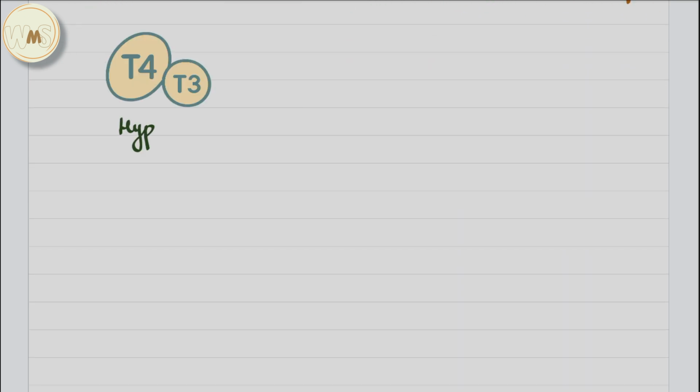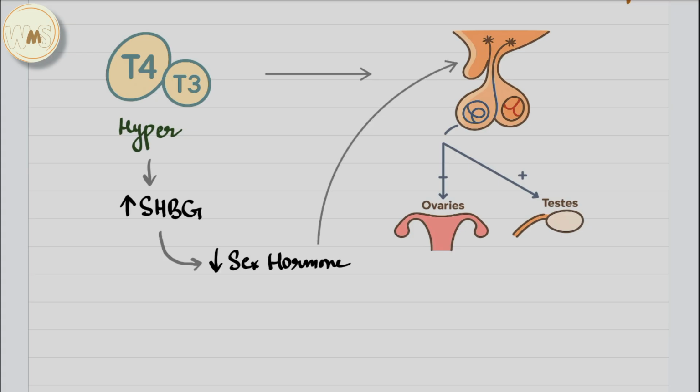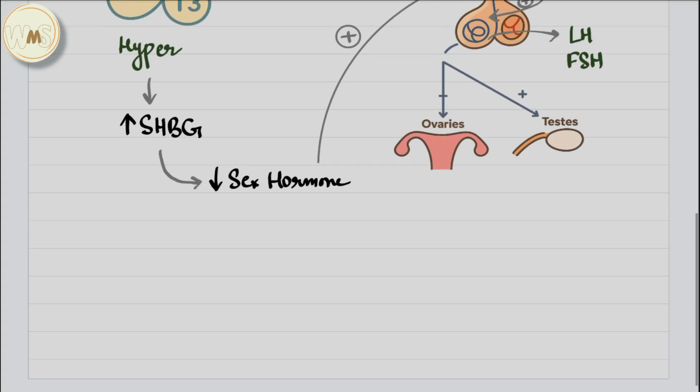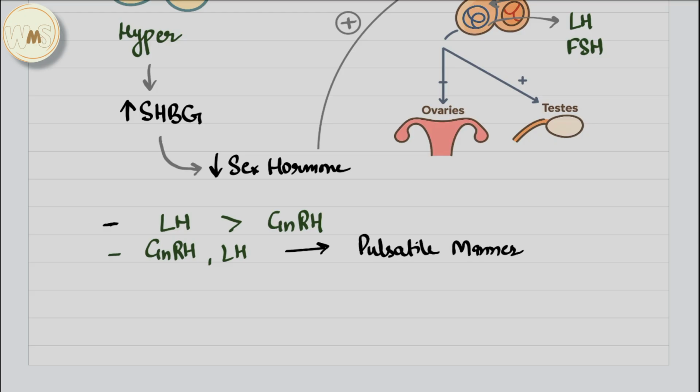In hyperthyroidism, because of the increase of sex hormone binding globulins, there are low free sex hormone levels in the blood, which stimulate the hypothalamus and result in increased production of GnRH and ultimately increased production of LH and FSH. In hyperthyroidism, the pituitary is more sensitive to GnRH, so LH release can be exaggerated. GnRH and LH are always released in a pulsatile manner, that is, GnRH is not released continuously but in small pulses at regular intervals.